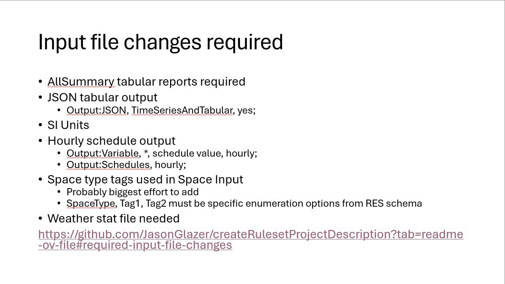The weather stat file needs to be present since the climate summary report is one that's used to identify the climate zone and building location. Probably the largest effort, though, is adding some compliance parameters that are included into the space object. We're using space type, tag 1, and tag 2.